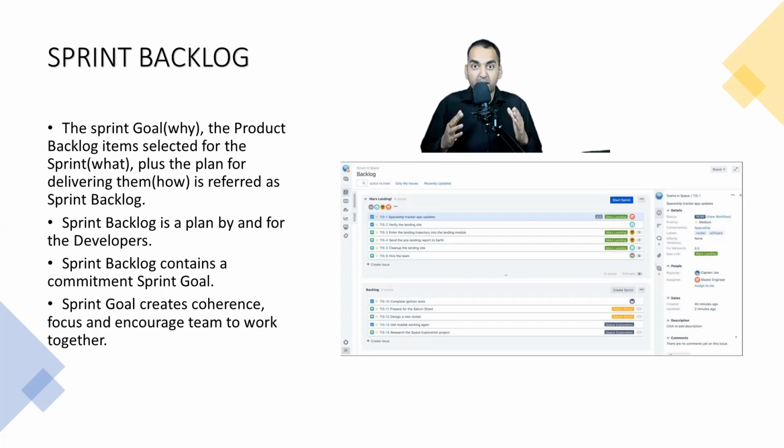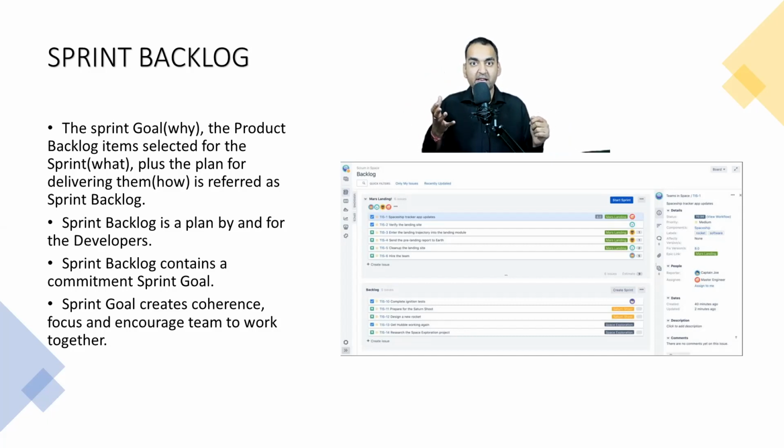In a given sprint, when the team discusses the sprint backlog every single day during daily scrum, they are focused and they know that they are marching towards the sprint goal, and that creates a combined energy with which the team achieves difficult tasks.